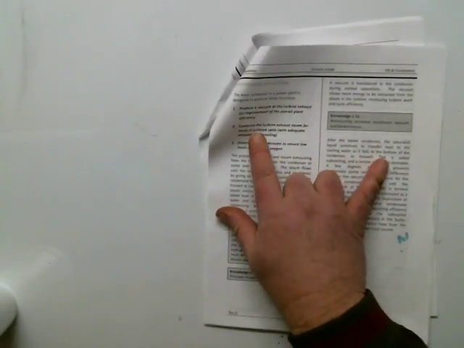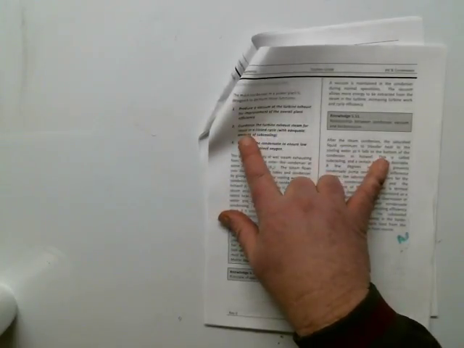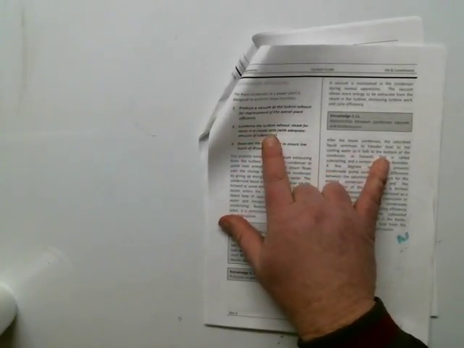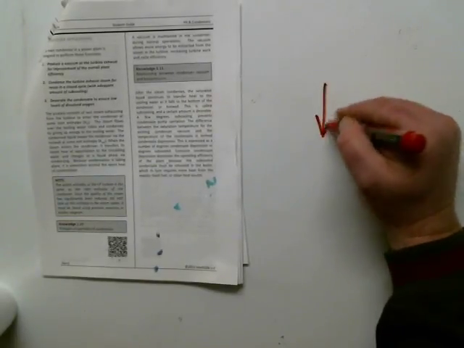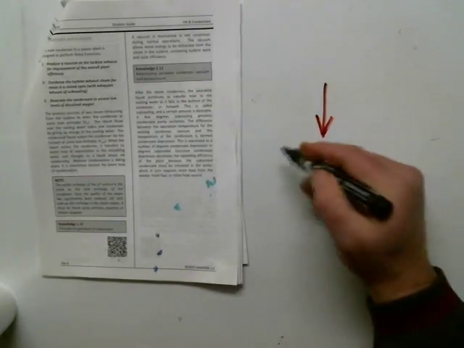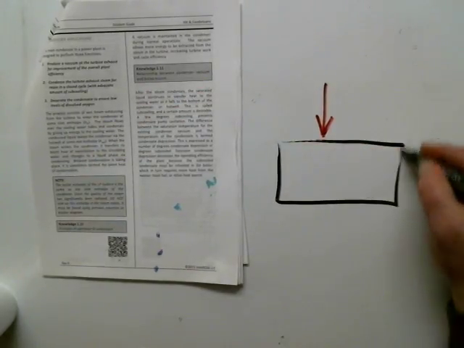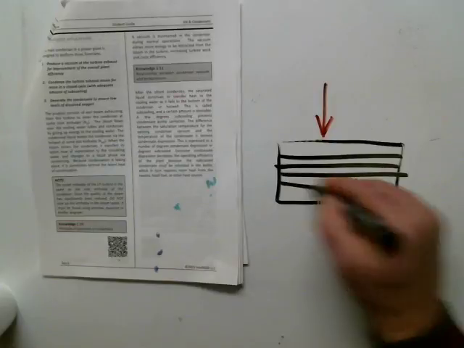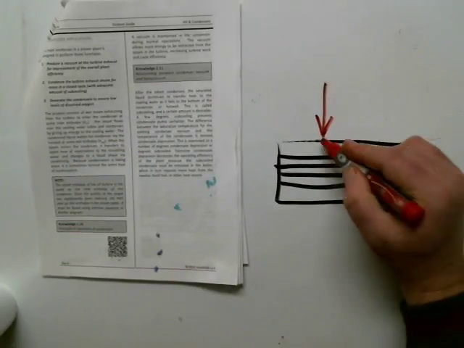A couple other things it does. It says, condense the turbine exhaust steam for reuse in the closed cycle. I need to pump that water from the condenser, so I know that as the steam enters the condenser, it's going to condense, and there's all these tubes right here, and at some point the steam has condensed.